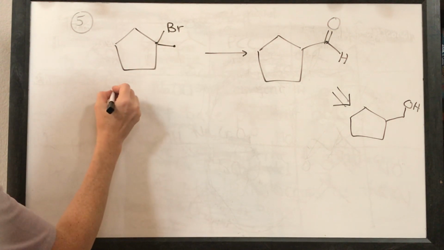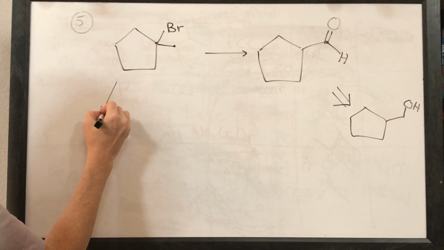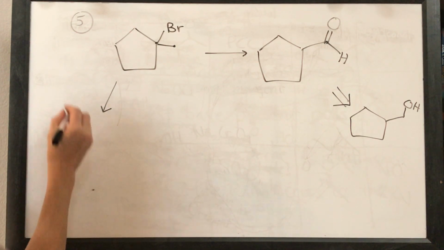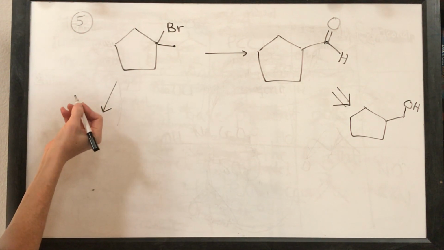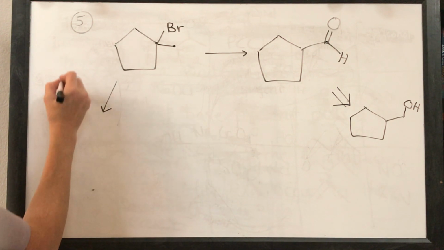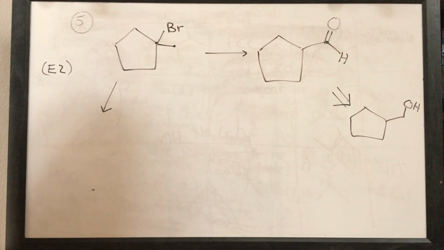So this looks like a good candidate for doing some sort of elimination reaction maybe. And if I want to make sure that I get an elimination, not a substitution, I want to make sure that I don't do an E1 reaction. An E2 reaction would be my best bet. It's tertiary, so I know that it's not going to compete with an SN2 reaction.